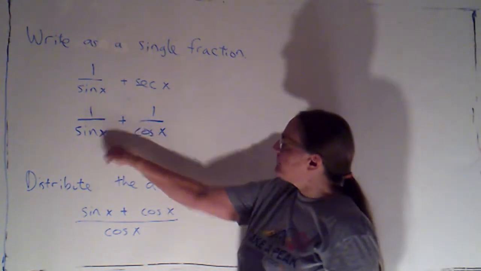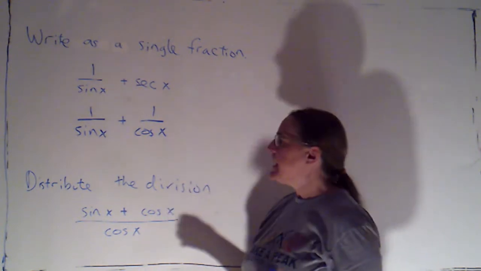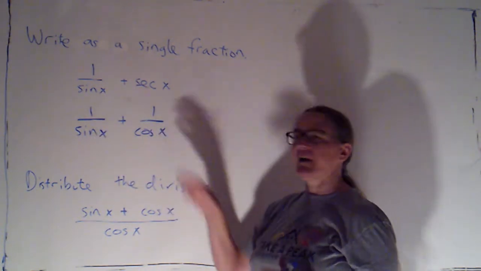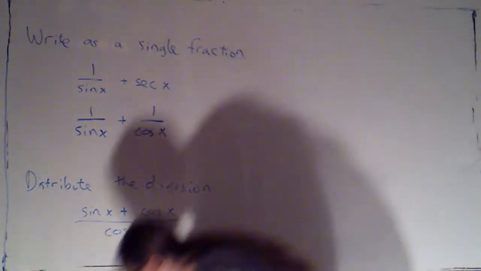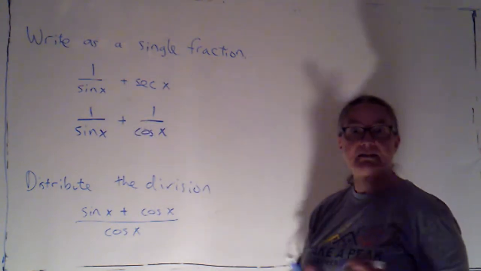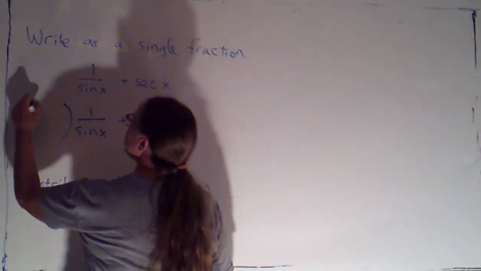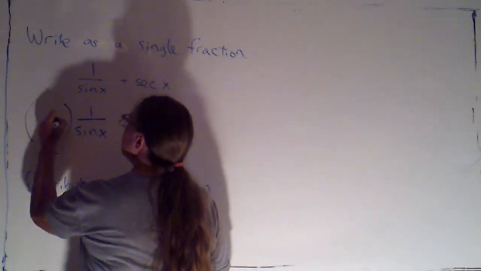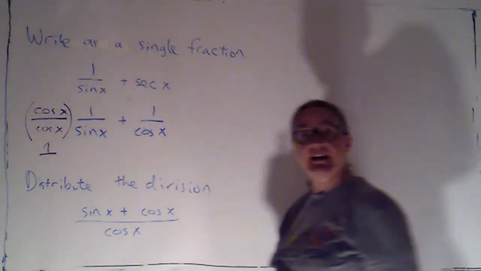And if I want to add fractions, I know that what I need to do is get a common denominator. Now, sine x and cosine x don't have any factors in common, so my least common denominator is just going to be the product of these two denominators. So it'll be sine x times cosine x. So I'm going to multiply this fraction by 1 in the form of cosine x over cosine x.